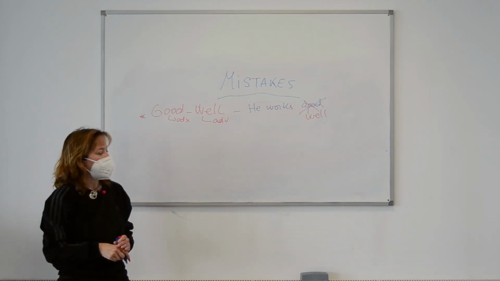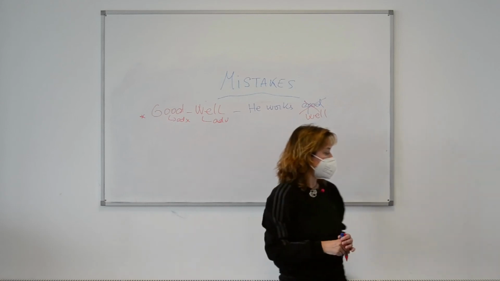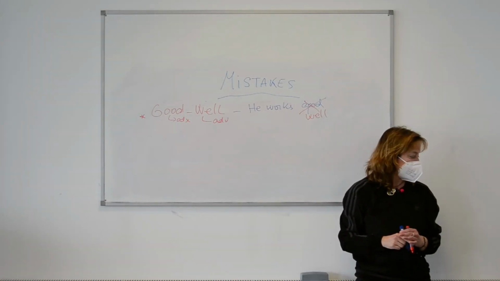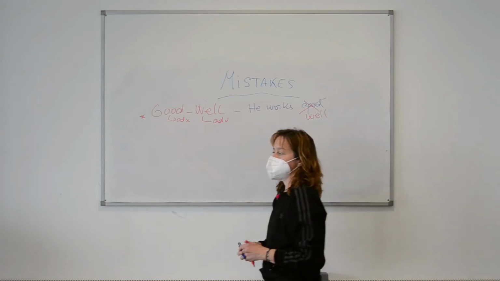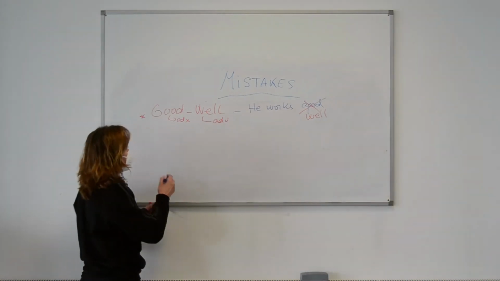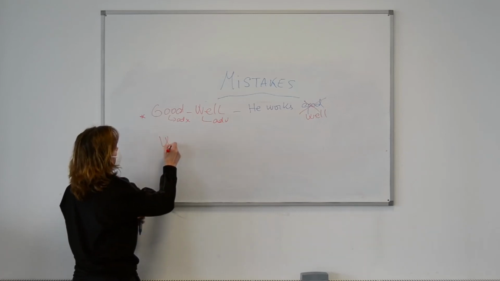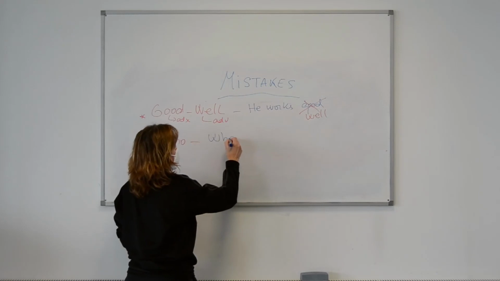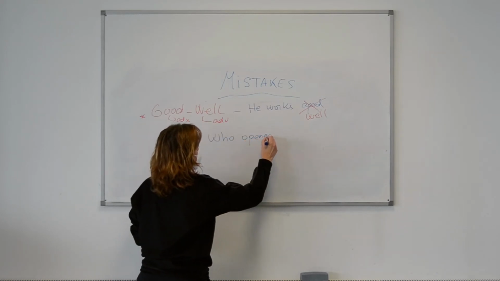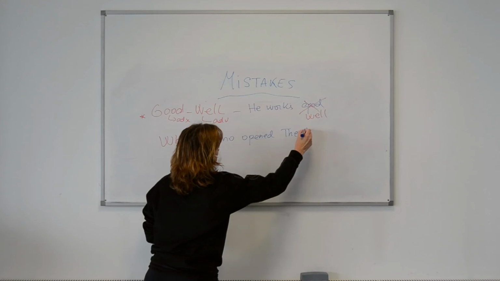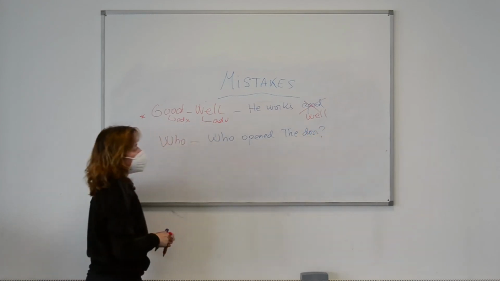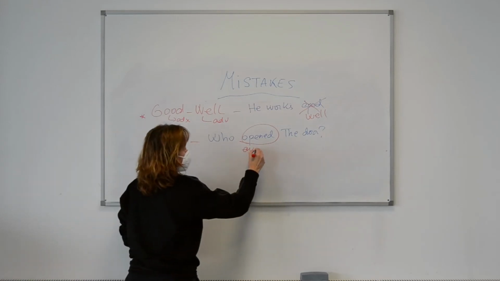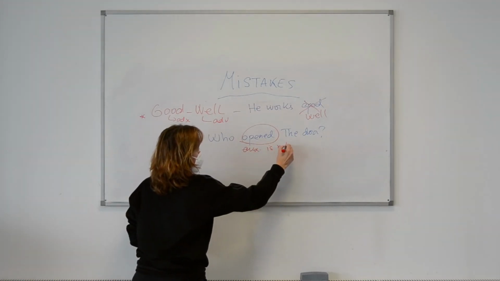And another important mistake that is usually made is related to question words. For example, with the question word who, we say in English, "Who opened the door?" In this case, we have the verb in the past, but the auxiliary is not necessary.